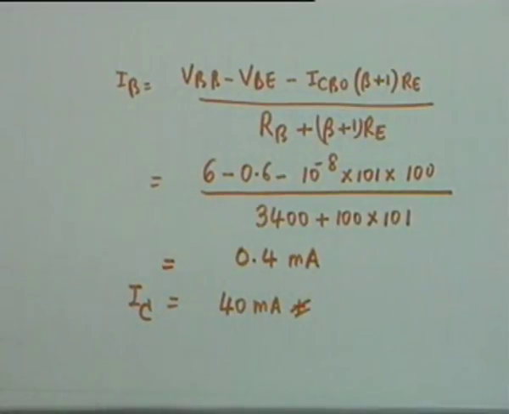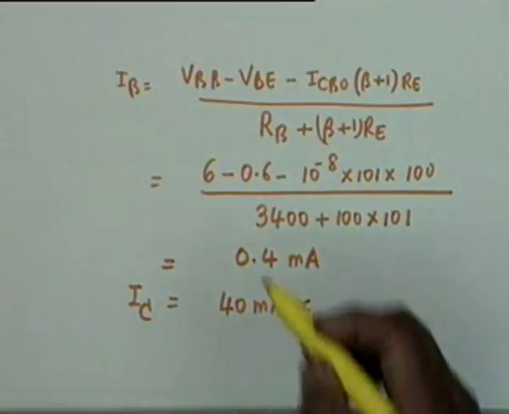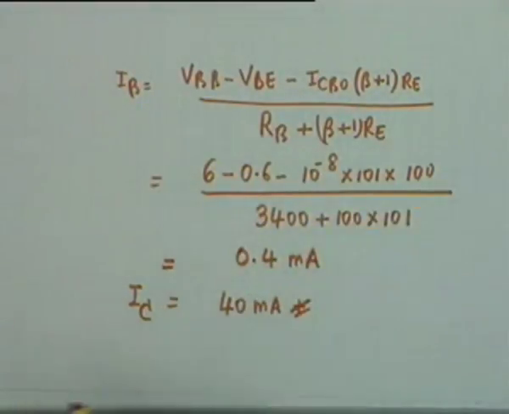Therefore it is 40 milliampere. You see, in this relationship IB equal to 0.4 milliamps and IC equal to 40 milliamps, the effect of ICBO is negligible because ICBO itself is very, very small. Okay, it's a good transistor. 10 nanoampere ICBO is a good transistor.